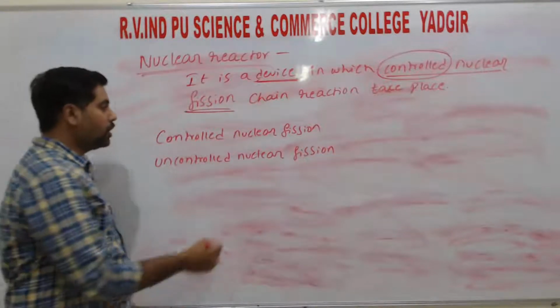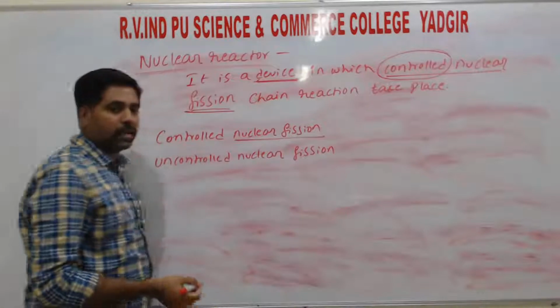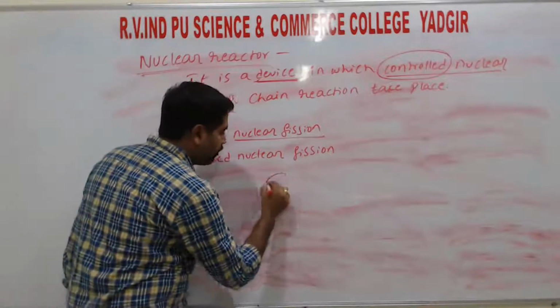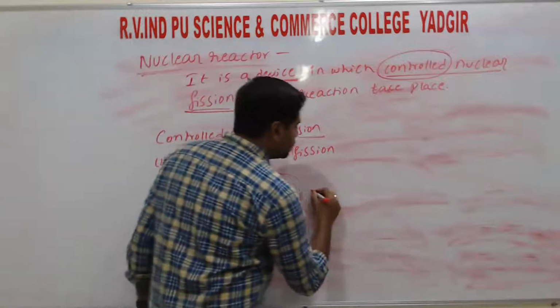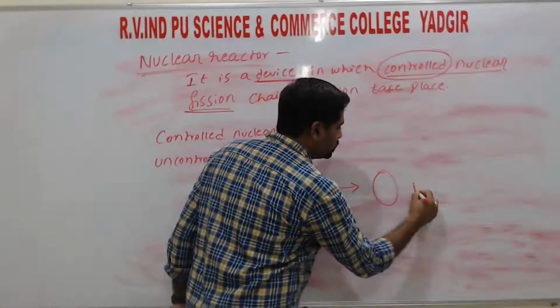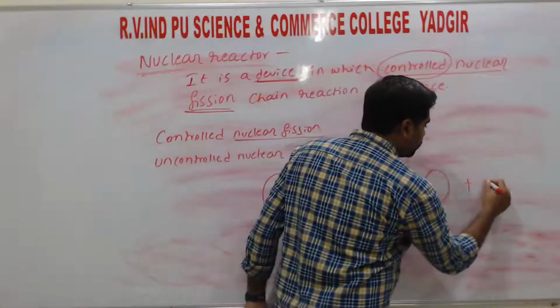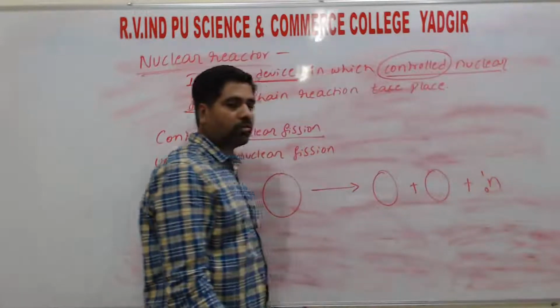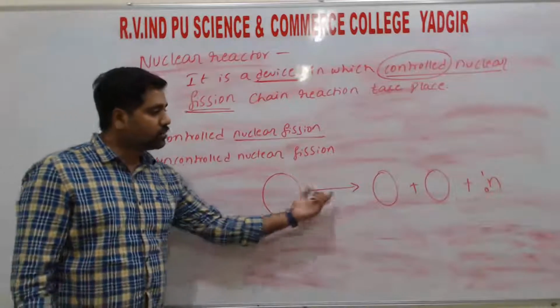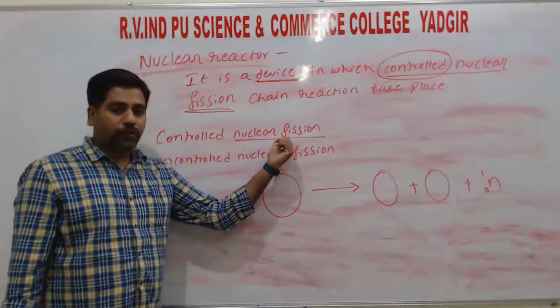The meaning of nuclear fission we know: the splitting of the heavier nuclei. This heavier nucleus splits into two separate nuclei, and along with this, neutrons are released. This process we call nuclear fission, right?